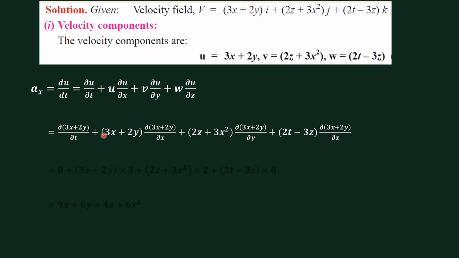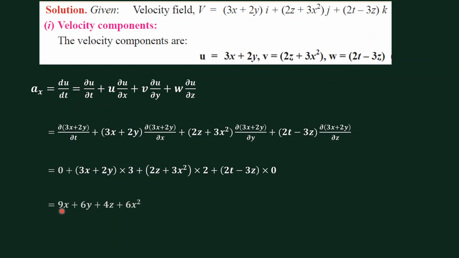Similarly, u del u by del x plus v del u by del y plus w del u by del z. And when you perform the differentiation, you'll get the first term is 0, second term is this much, and so on. So finally, you'll be arriving at an expression like this.